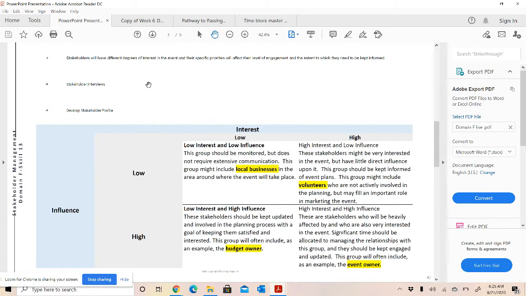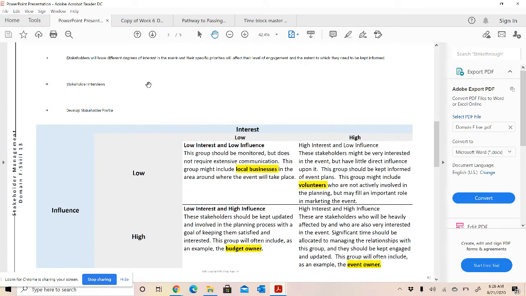So stakeholders will have different degrees of interest in the event, depending on what level they fit into. And that's how you know basically how much to keep those stakeholders informed. So you should start by conducting the stakeholder interviews.